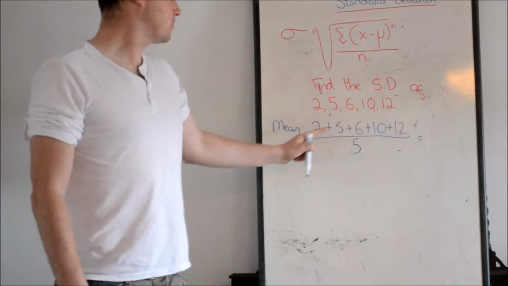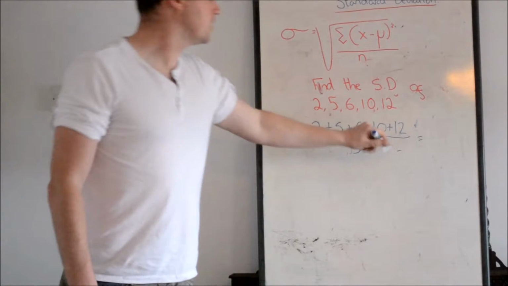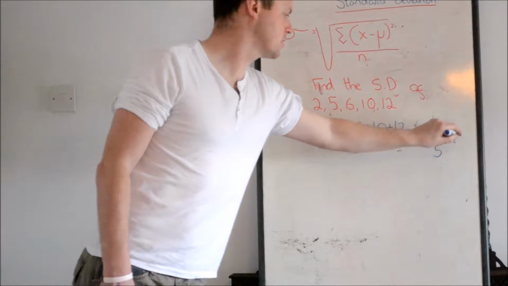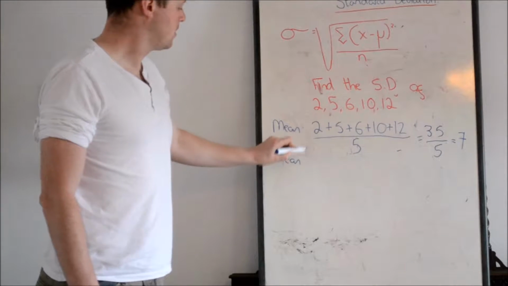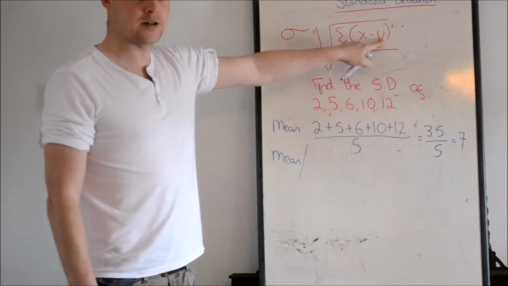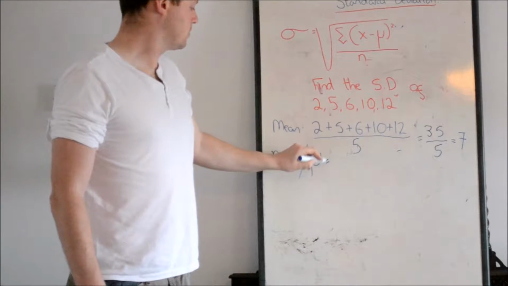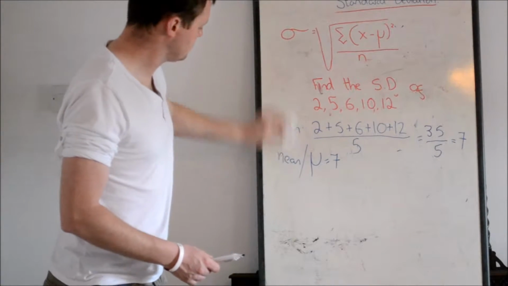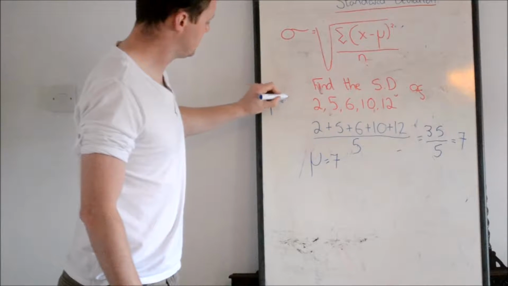We add up these, so 2 and 5, 7 and 6, 13, 23, 35 all over 5, which gives us 7. Great, so we have a mean, or as we'll denote it as this symbol here, equals 7. So we have our mean, okay, fair enough. So I'm just going to write it up here. The mean is 7.